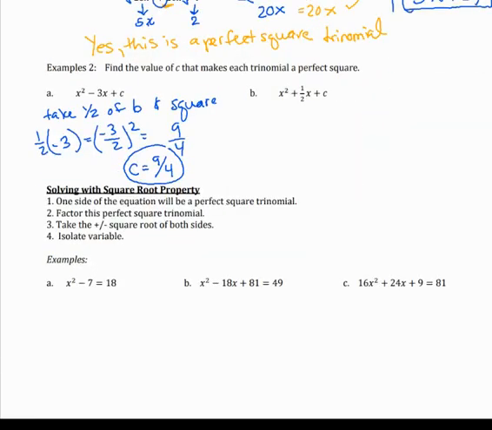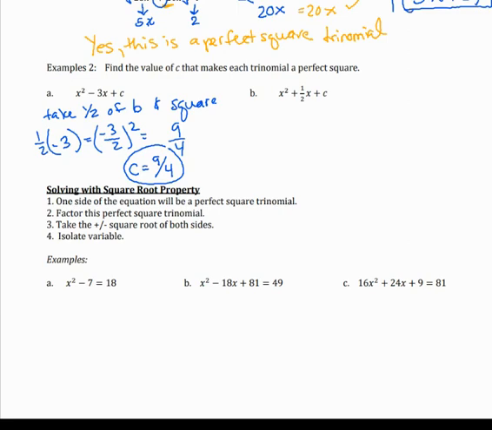Now we're going to look at solving with the square root property. This is where we sort of already have half of our work done, and then now we can finish solving. When we go to look at completing the square, none of the work will be done, and we have to do all of our computations and solve.